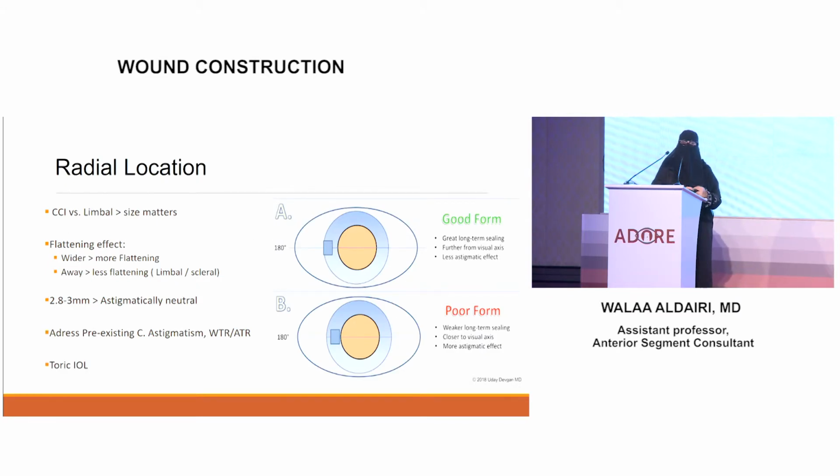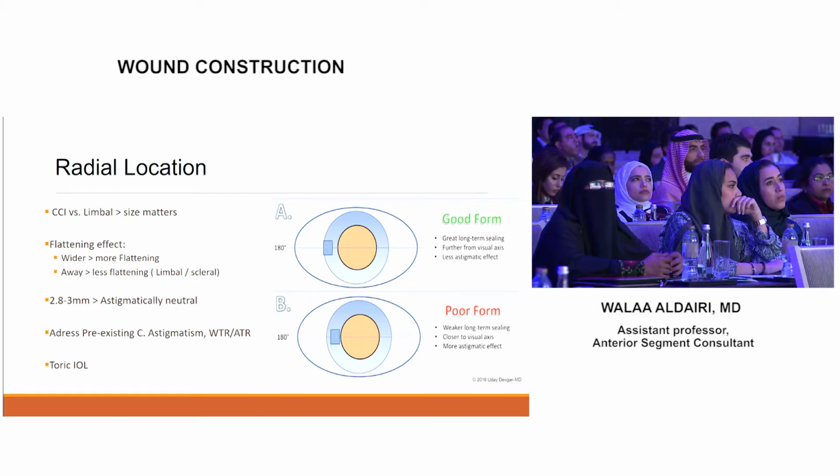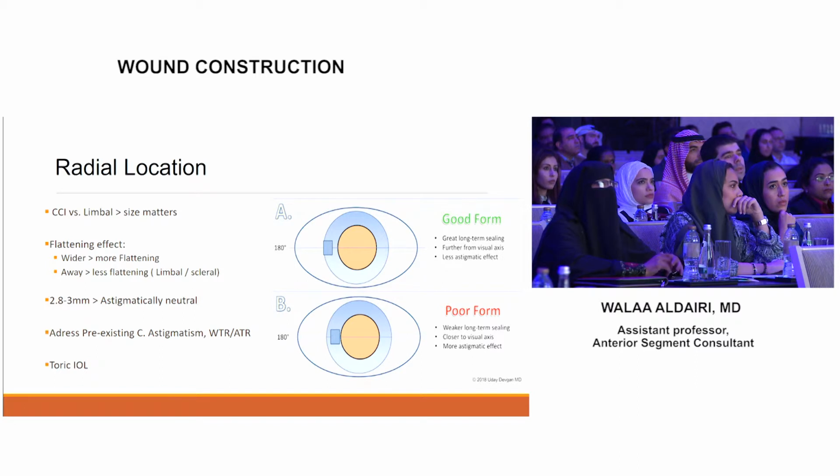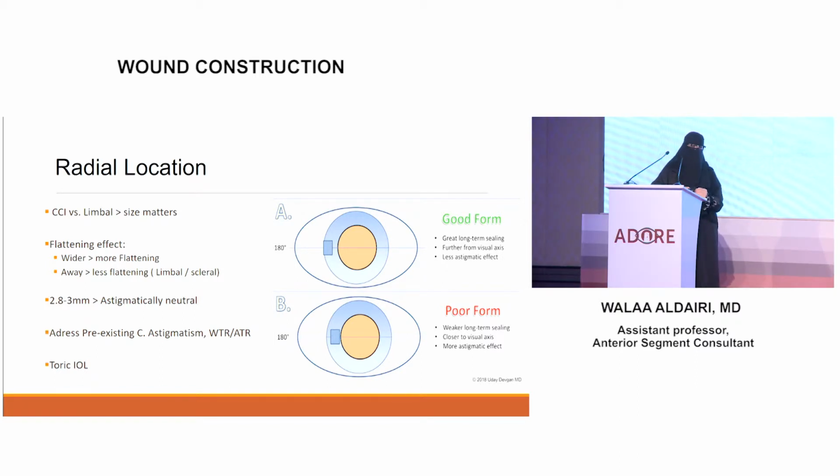Radial location means how far your incision is from the center of the cornea, and whether it is corneal or limbal. Here the size matters, because wherever you place your incision, there will be a flattening effect along that meridian.